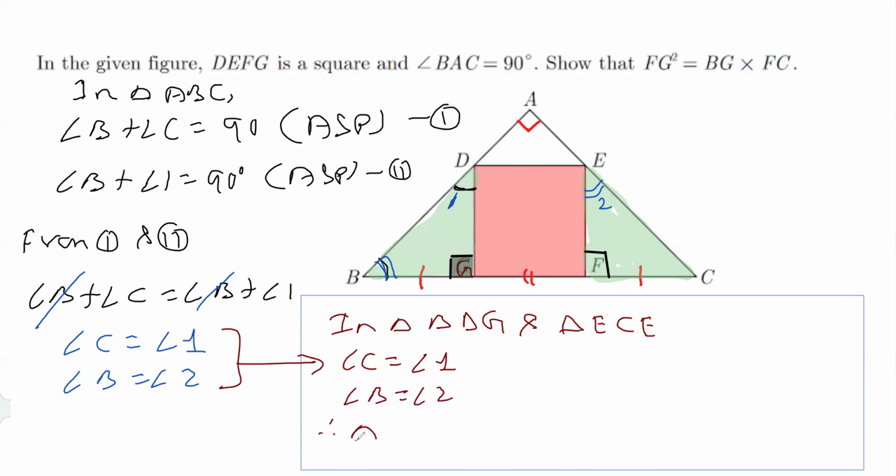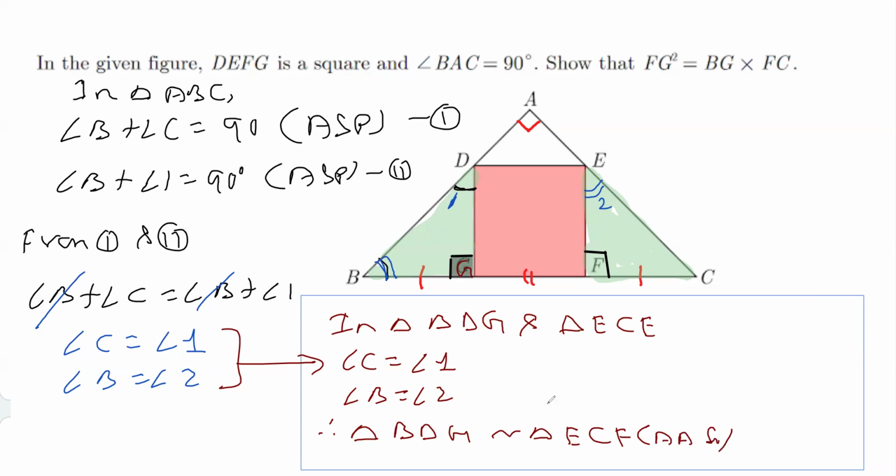Therefore, we can write triangle BDG, in order of correspondence: B corresponds to 2, which is E here, so I'll write E. D corresponds to 1, and 1 is equal to C, so I'm replacing in order of correspondence as C. G is 90 degrees, and on the other side F is 90 degrees. That is by AAA similarity.